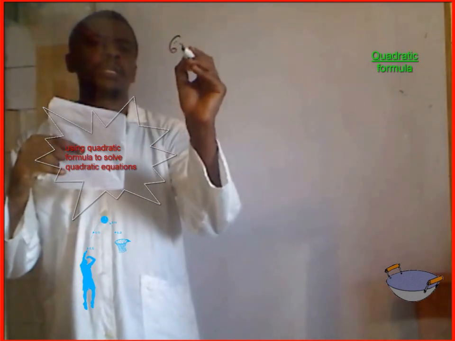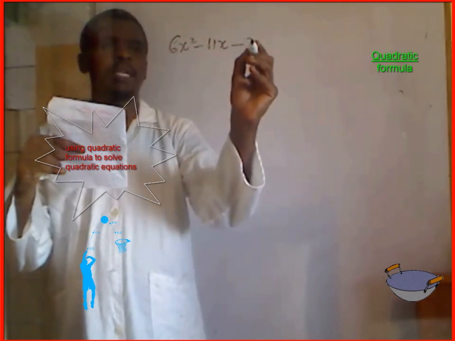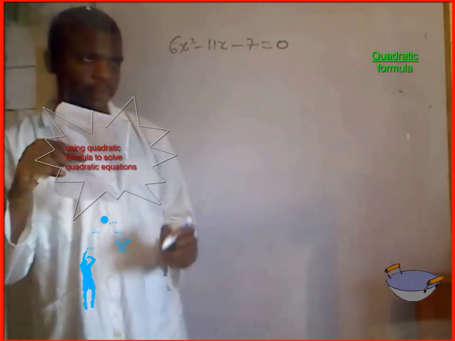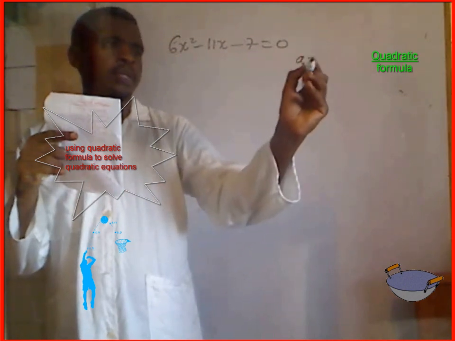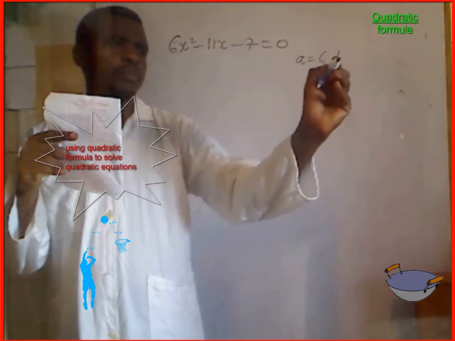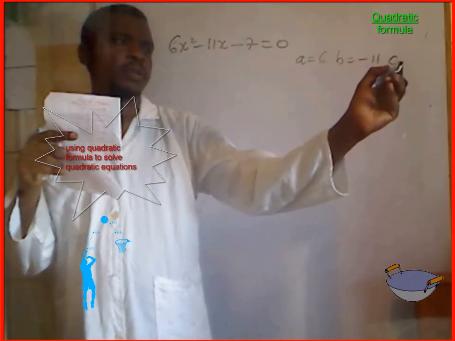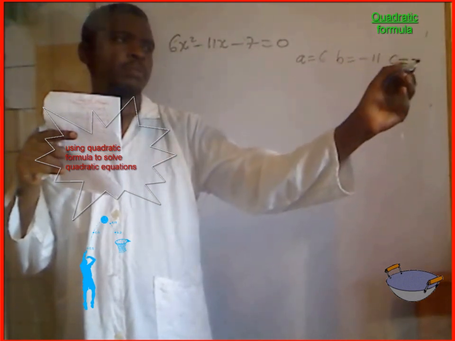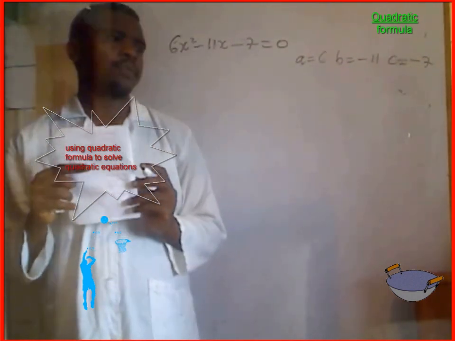Let's solve this other example. 6x squared minus 11x minus 7 is equals to 0. Let's identify coefficients there. A is equals to 6, b is equals to minus 11, and c is equals to minus 7. Let's state our quadratic formula.